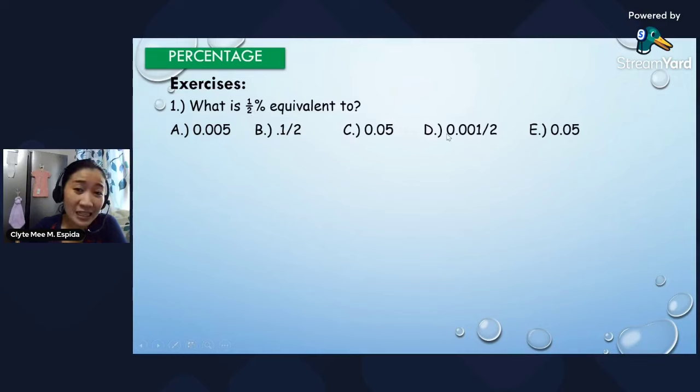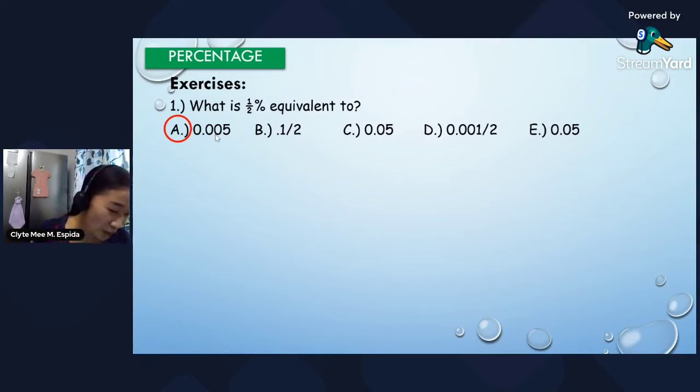You would answer D? No. So, isulat po muna natin si 1/2 sa decimal point. So, yung decimal point po ni 1/2 is 0.5. So, 0.5, andito po yung point natin, and move 2 decimal places to your left. So, you have 1, 2.